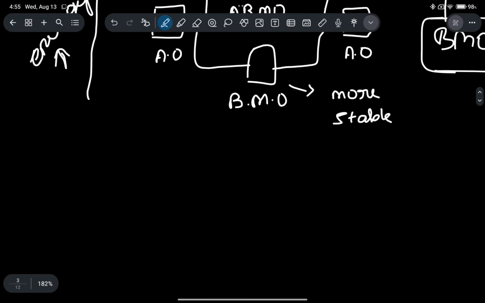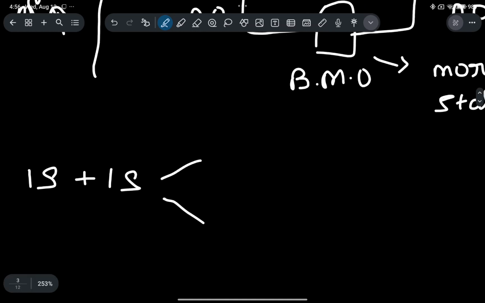So how to combine the two atomic orbitals? First I am taking 1s plus 1s. Here, as we said in the before class, we will pronounce with sigma and pi: bonding means sigma and pi, anti-bonding means sigma star and pi star. 1s plus 1s gives sigma 1s and sigma star 1s.